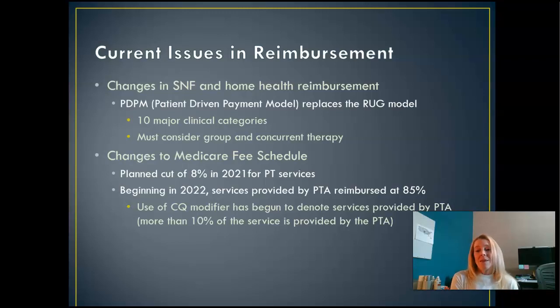It is a challenge, and APTA is fighting this, but it is still in place. And currently, PTAs are not being reimbursed at the same level as PTs for the same services. So we can chat about that at some point if you want to, but I just wanted to make you guys aware that that is happening now.